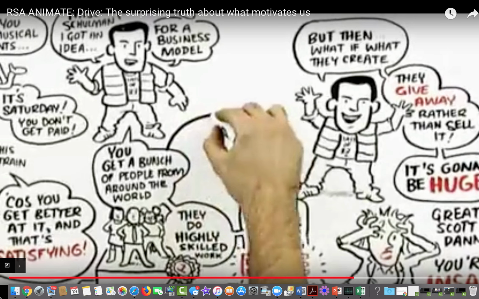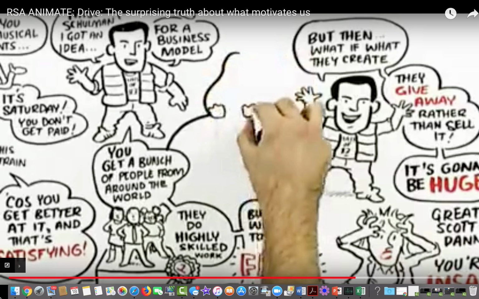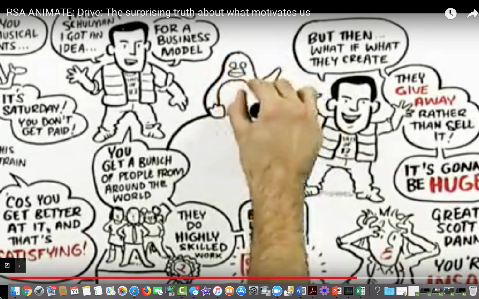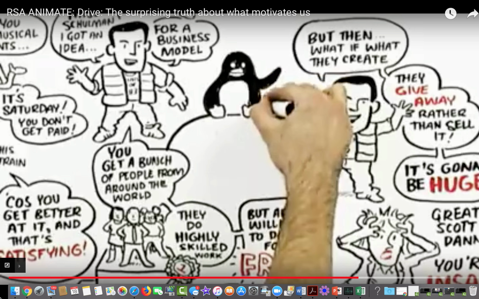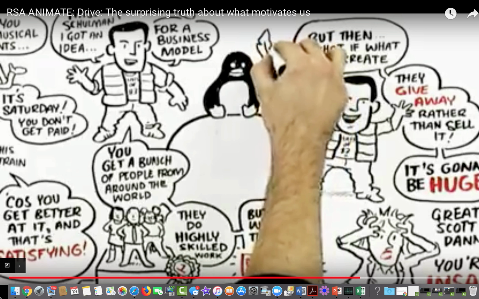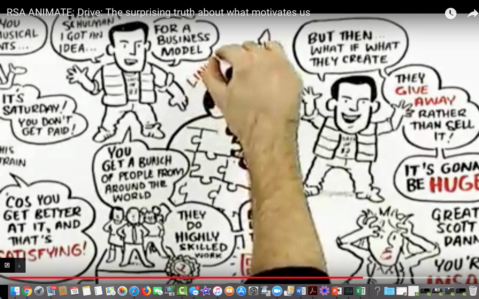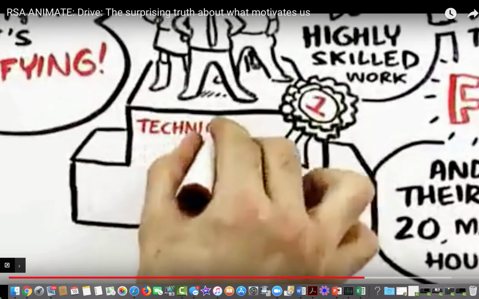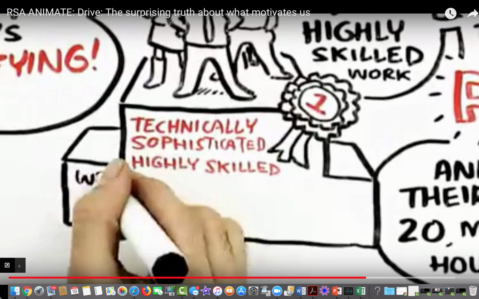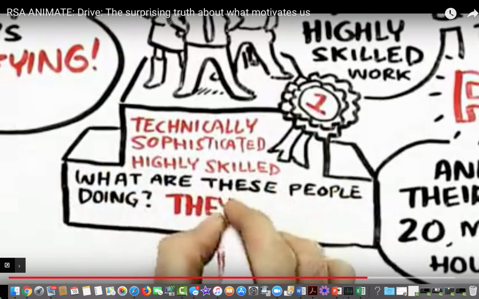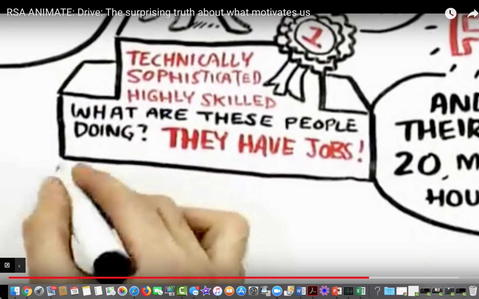Okay, it seemed to fly in the face of so many things. But what do you have? You have Linux powering 1 out of 4 corporate servers in Fortune 500 companies, Apache powering more than the majority of web servers, Wikipedia. What's going on? Why are people doing this? Why are these people, many of whom are technically sophisticated, highly skilled people who have jobs? Okay? They have jobs.